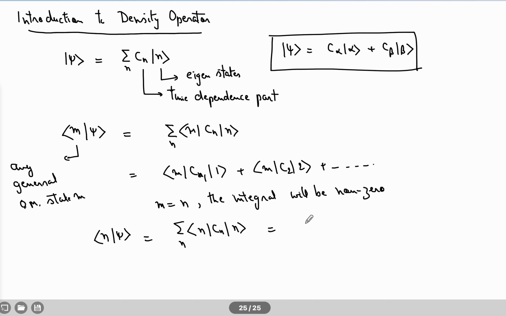So you are left with only Cn, right? This is an important identity: bra n ket psi is equal to Cn.